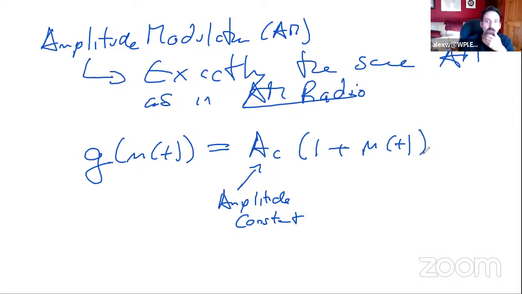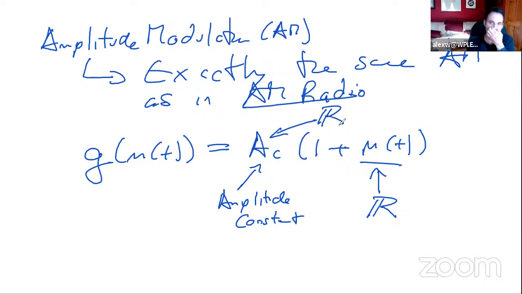That's it. This is super important. First of all, we make the assumption that m(t) is real. Very important assumption.